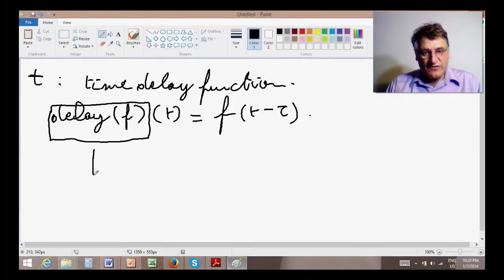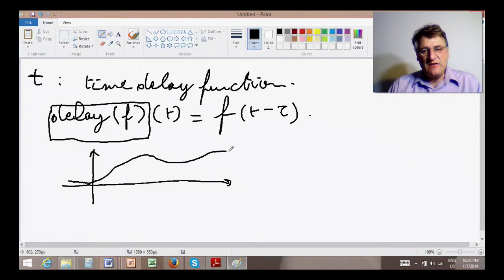So just for you to be convinced about the fact that this is the traditional notion of delay, here is f of t, and delay of f of t. If I put t minus tau here, it just says that the value of the function for delay of f of t is just the value of the function as it was before.